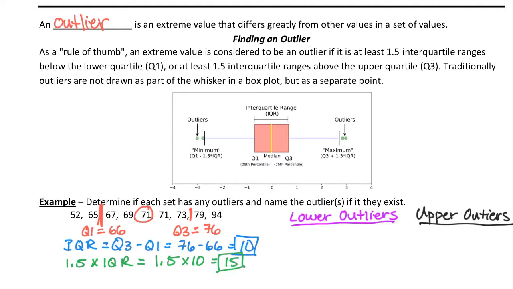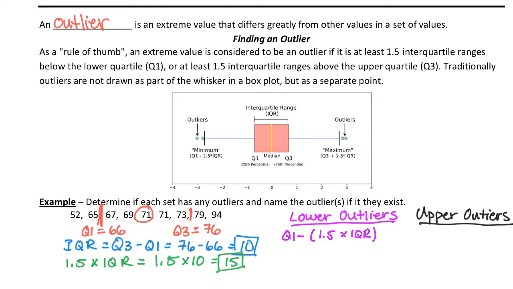I'd like to split this into 2 steps because there's lower outliers and there's upper outliers. So I need to find which are which, if there's any numbers that are so extreme that they create these outliers. The rule for finding lower outliers is this. You take Q1, the lower quartile, and you subtract that value, that 1.5 times the IQR.